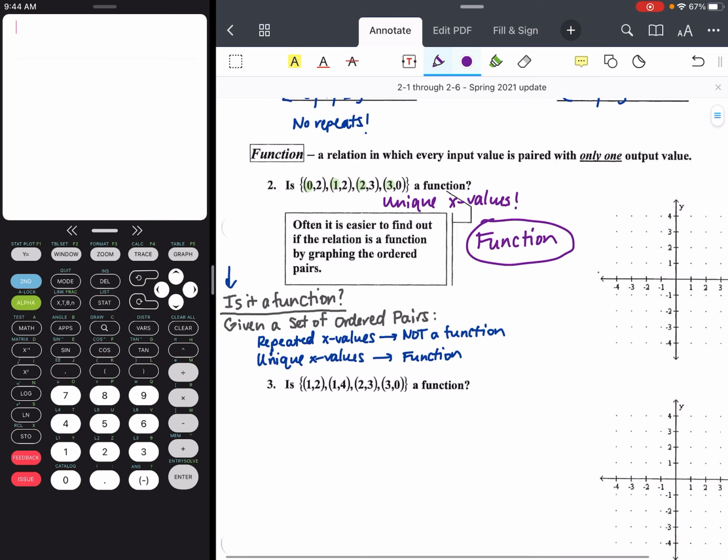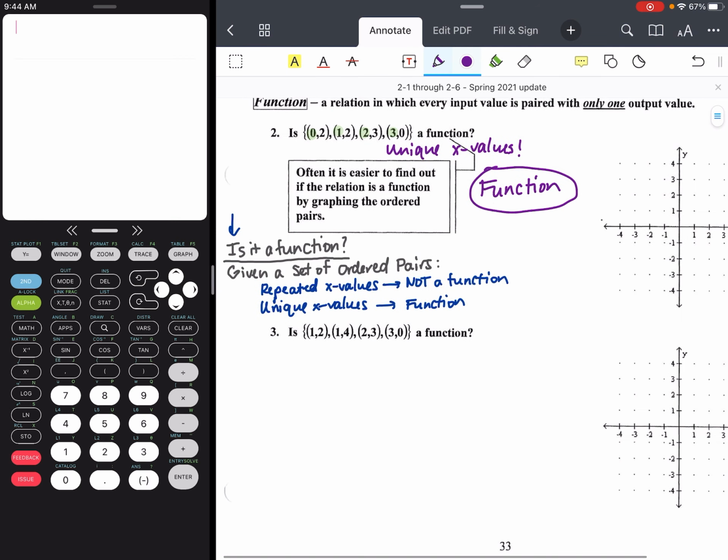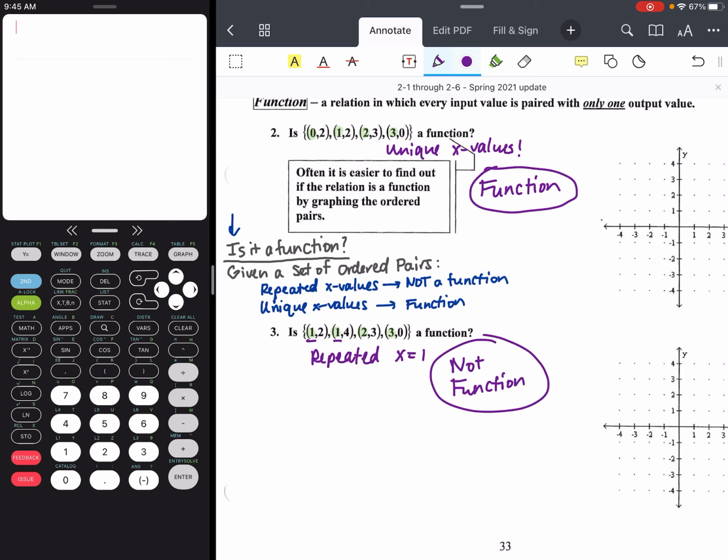Whereas if we take a look at number 3, I have x values 1, 1, 2, and 3. You can see that I have a repeated x value of 1. There's a 1 here and a 1 here. So that means in number 3, this is not a function. So if you're given a set of ordered pairs, you're just looking for repeated x values.